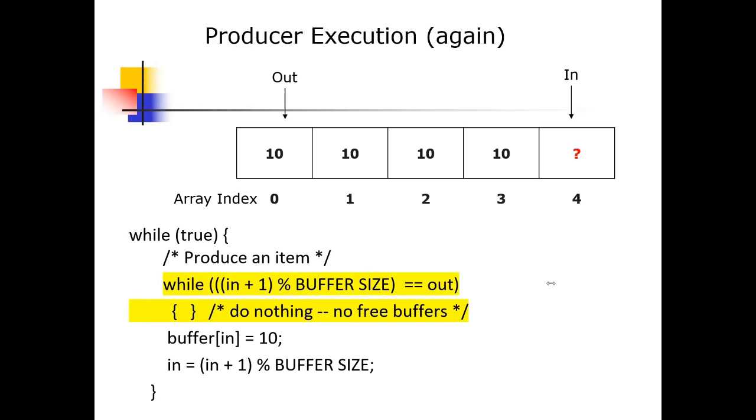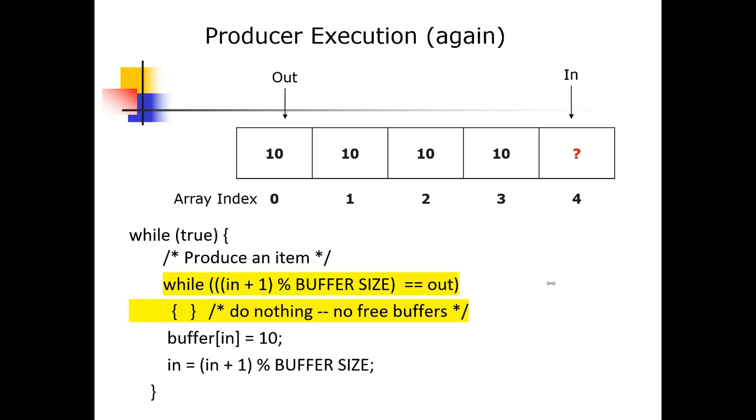So the producer cannot produce any more items. So this is where the producer will stop producing items. So our goal is to limit the producer, right, from producing unlimited items. So that goal is achieved, right? So this producer cannot produce more than 4 items, right? So this is inside the loop.